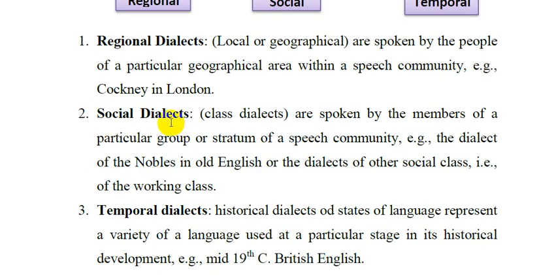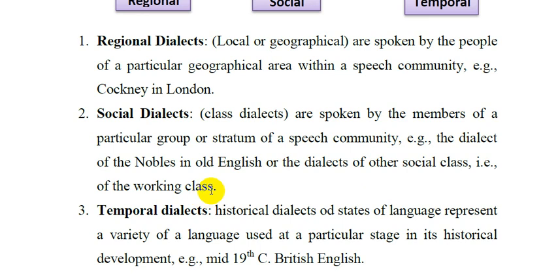And we also have social dialects, which are spoken by the members of a particular group or stratum. Stratum means some class of a speech community. For example, a dialect of nobles, of Old English, or a dialect of a social class like the working class.